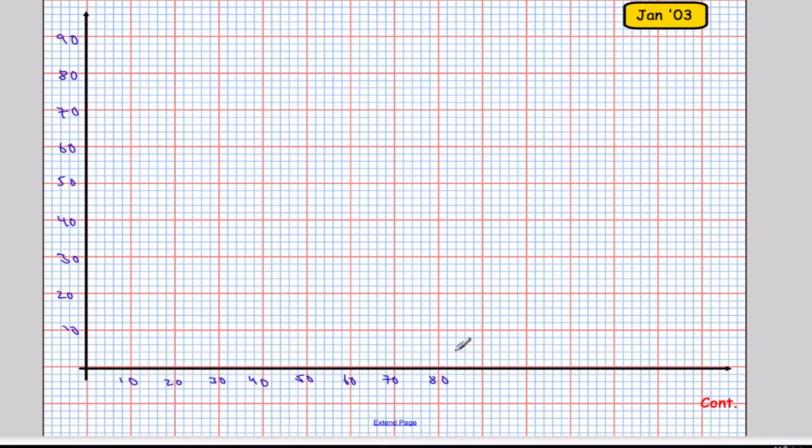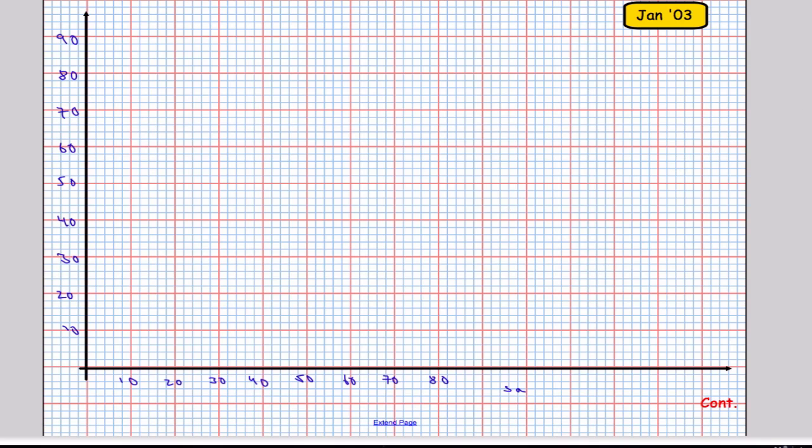So again, I'm just going to pause the video here and build up my scatter diagram, well, the axes, and then we'll start to plot the points. So that's our scatter diagram, the scales done.